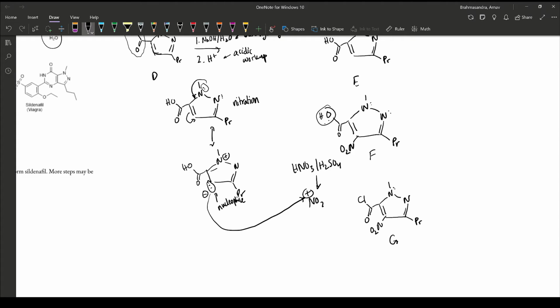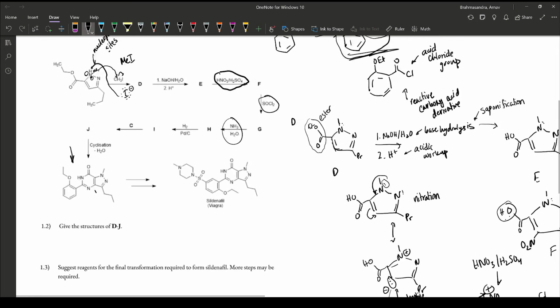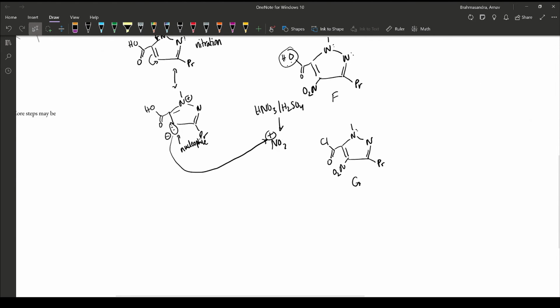So maybe this gives us a hint. We're making it more reactive because we're going to react with it. So what can an amine, or ammonia in this case, do? It can replace the chlorine on the acid chloride. Again, this is a reaction that you should be familiar with. This is just nucleophilic attack at a carboxylic acid derivative.